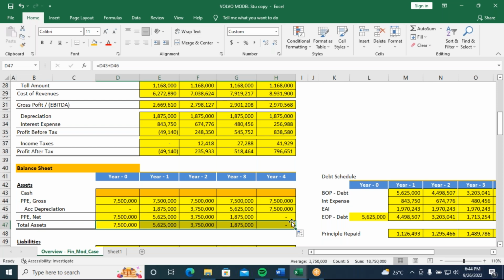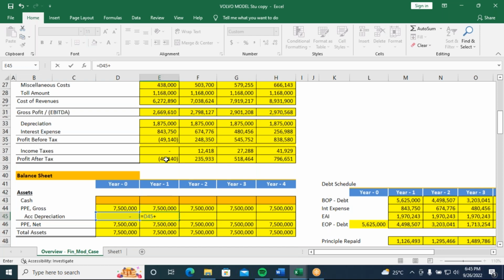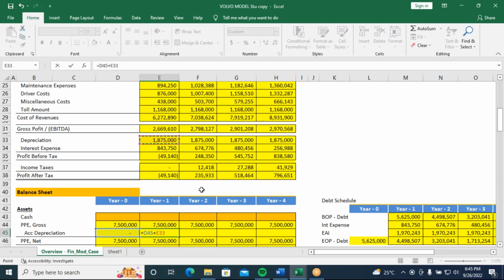So till here, you people, the depreciation part again. If we see the depreciation for the first year, there will be no depreciation, as we purchase in the first year, no depreciation will be calculated, so the value will remain 0. And then from the next year, the depreciation will be added up, which is equal to whatever the previous year depreciation value is, plus the depreciation calculated here.